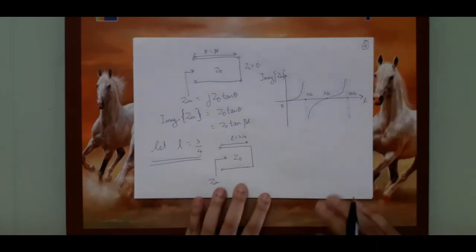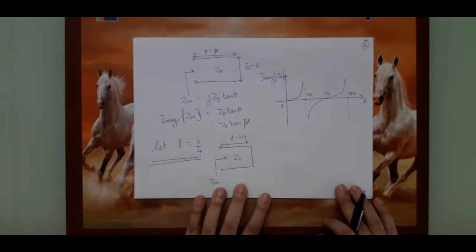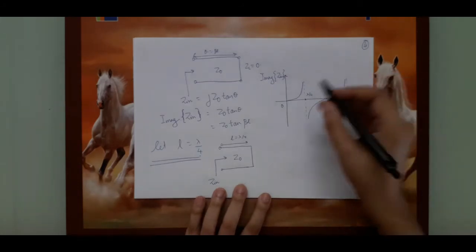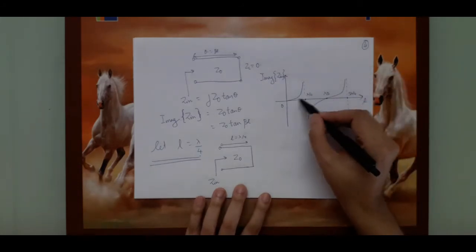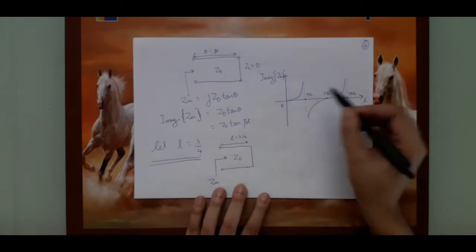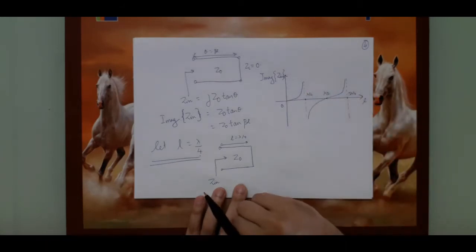But having an infinite impedance in magnitude definitely gives us an indication of an open circuit. But is that all it does? What happens? We had proved that when the length is below lambda by 4, as you can see, the impedance is positive, so therefore it behaves like an inductor.